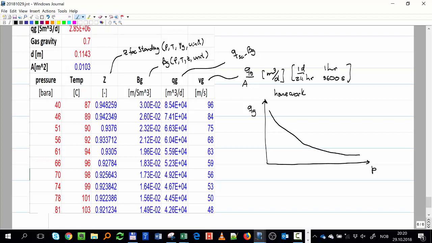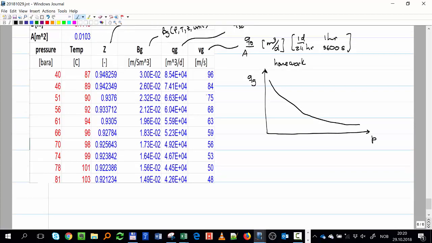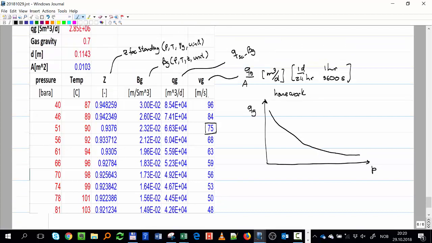When I reduce the pressure, QG is just increasing, which makes sense. And the velocities we will see later, they are very close to the erosional velocity. So it's very highly likely that you're going to have erosion in this well. So that's for the homework. You have to make that plot, and that's very important.